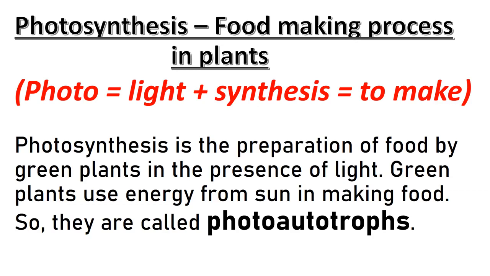You know, photo means light and synthesis means to make. Photosynthesis is the preparation of food by green plants in the presence of light. Green plants use energy from the sun in making food, so they are called photoautotrophs.